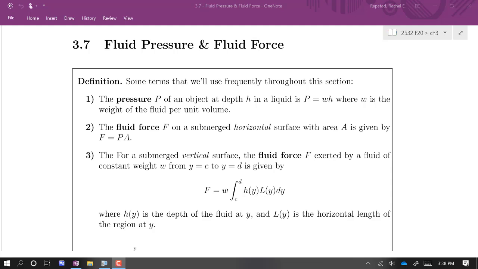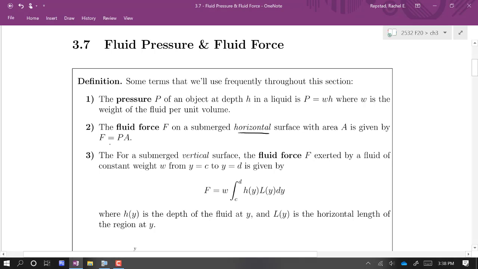The fluid force is what's going to be really interesting. Now, for an object, if you think of a submerged horizontal surface, right? If a surface is horizontal, submerged in a fluid, that means that all of that surface is at the same depth. It's perfectly even. And so finding the fluid force is fairly simple.